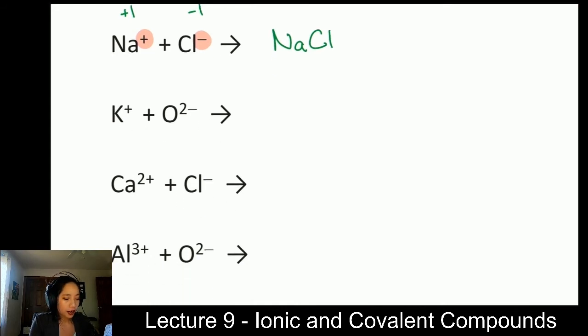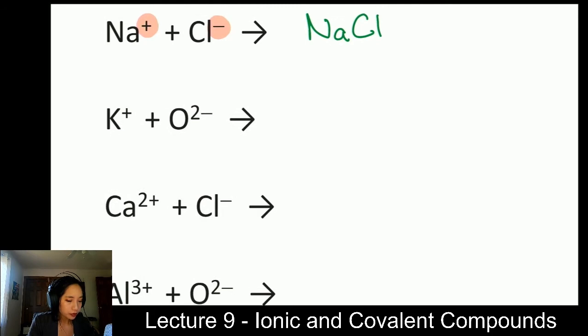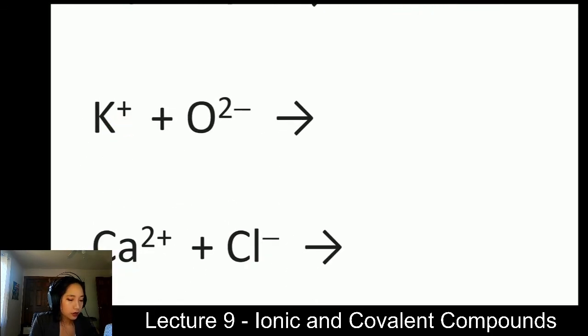So let's look at other examples where it's not just a 1-to-1 ratio. Remember, our goal is to get to a net charge of 0. So here we have potassium and oxygen. Let's think about how many potassiums and how many oxygens we need to cancel all those charges for it to equal 0. Oxygen is -2, and potassium is +1.